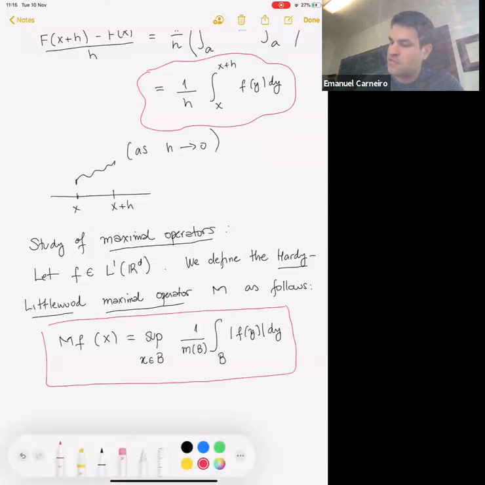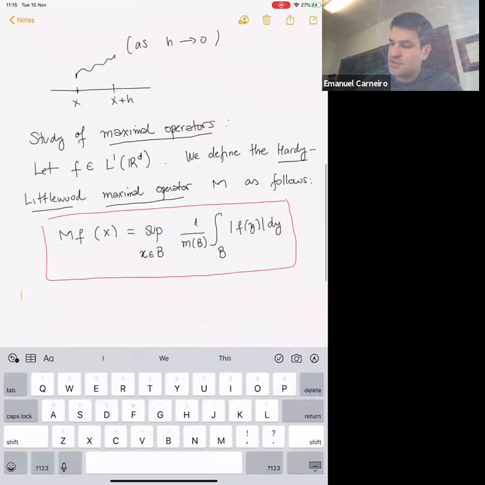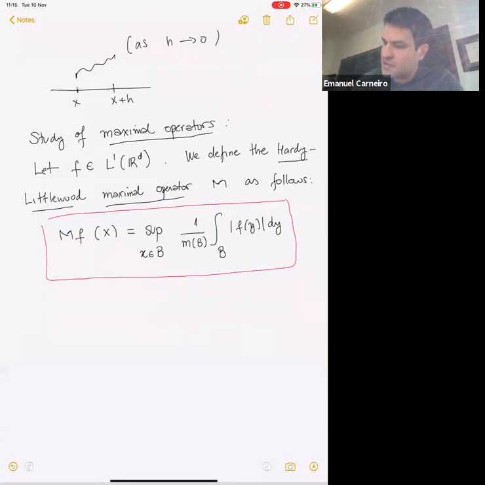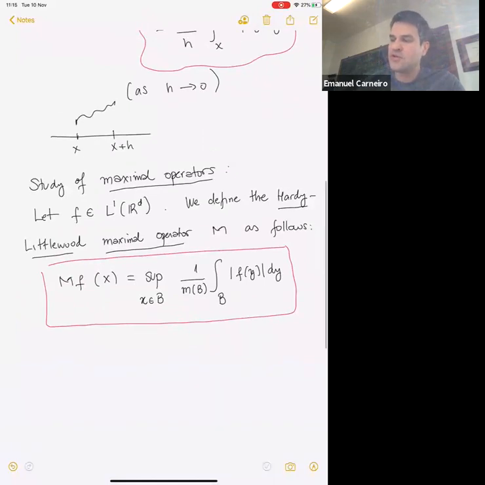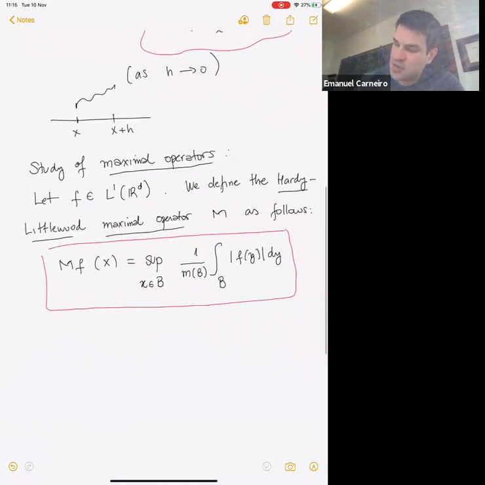So if you give me a point x, the maximal function Mf at the point x is just the supremum over the averages of the absolute value of f over all possible balls that contain my point x. Here, if your point x is somewhere in the space, you're allowed to take a big ball, you're allowed to take a small ball, whatever you want.